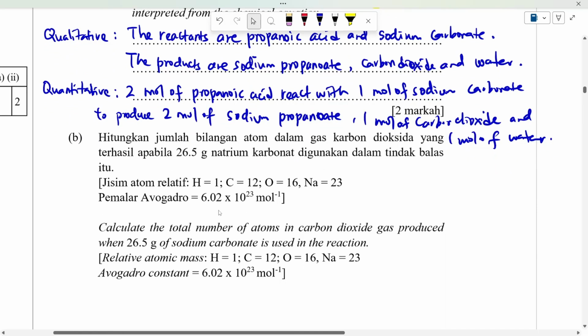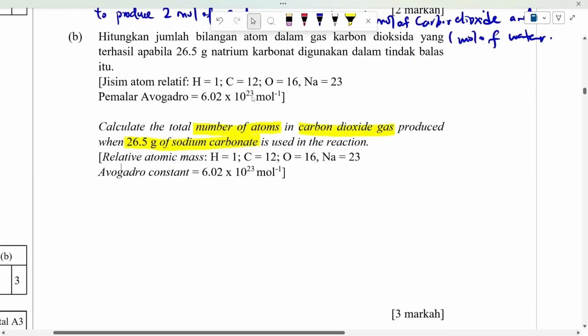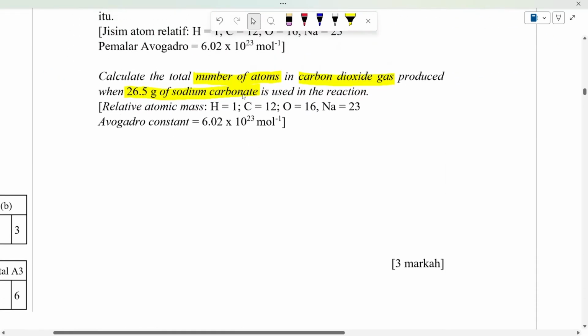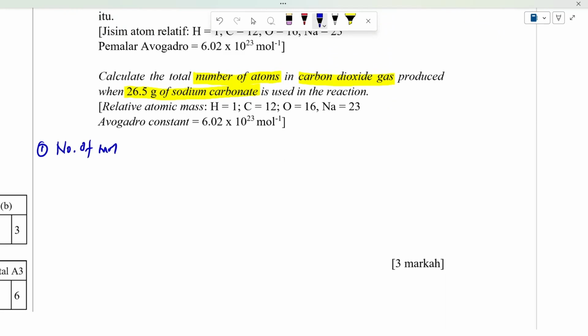Okay, class. Now calculate the total number of atoms in carbon dioxide gas when 26.5 grams of sodium carbonate is used. So class, first we should calculate the number of mole of sodium carbonate.